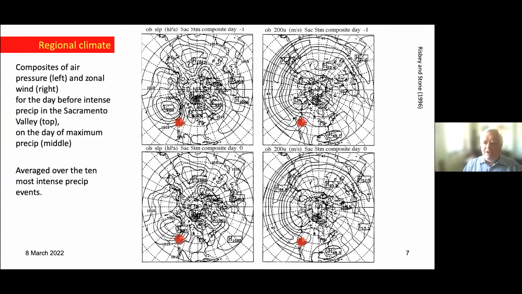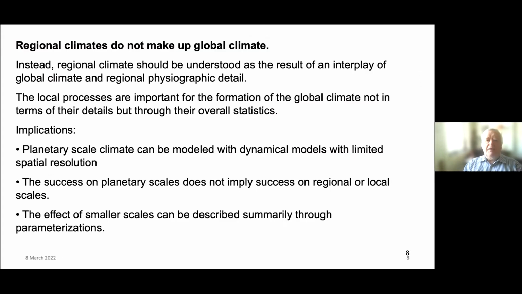And so you can see that indeed the reason it is raining in Sacramento is because we have a low pressure system coming closer from the Pacific Ocean and at the end of the jet stream. So it's again so that the large scale determines something what happens on the small scale.